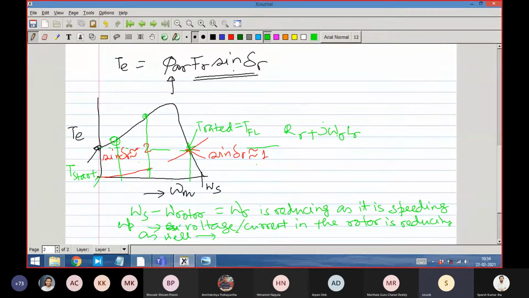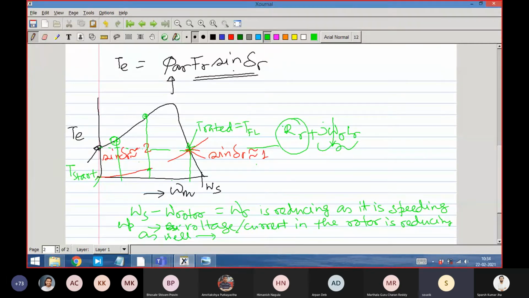Since omega R is reducing, this quantity is gradually reducing. Do you agree or not? Relatively speaking, coil resistance cannot change, but as it is speeding up, omega is reducing. So if this quantity reduces in a circuit, what is happening?